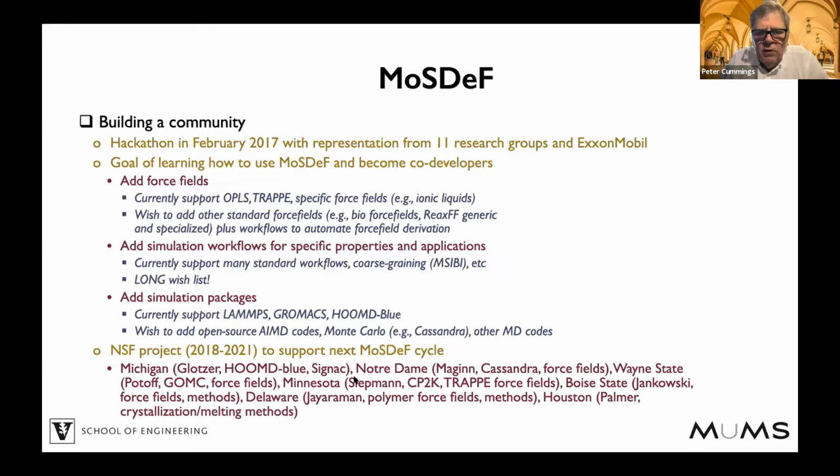It involves University of Michigan, Notre Dame, Wayne State, Minnesota, Boise State, Delaware, and Houston. And you can see the various contributions there. One of the things you note there is several Monte Carlo codes, the Cassandra code from Ed Maginn's group, the GPU-optimized Monte Carlo code from Jeff Potoff's group, and CP2K, the Car-Parrinello 2K code, of which Ilya Siepmann is one of the developers.